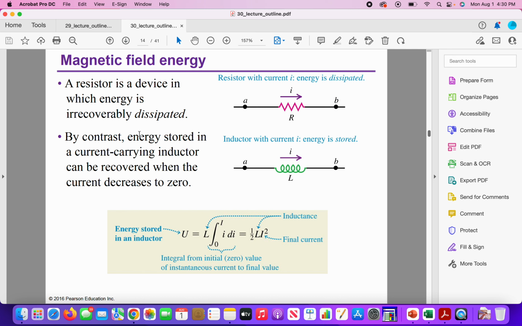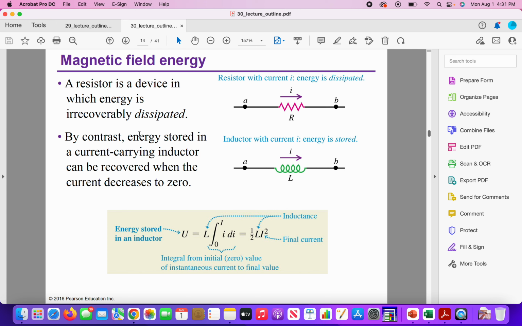Here we are going to talk about comparing the two components, the resistor and the inductor. A resistor in any circuit is going to dissipate the energy, waste the energy, and we will not be able to recover it back.